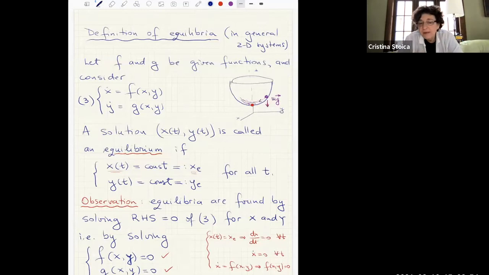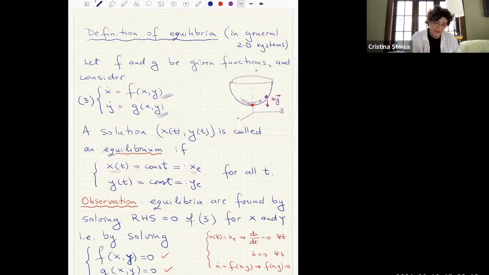So basically, we find them just by setting the right-hand side of the system to 0. Because the roots of these equations will be those positions in which x of t and y of t can stay forever, can be frozen forever, and nothing will happen.